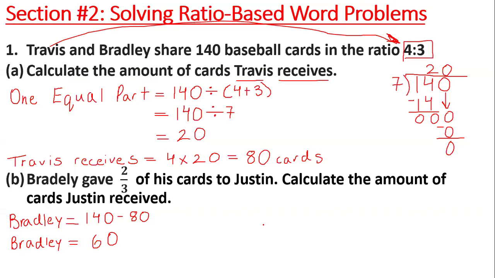Is that the correct way to go? Y'all think so? Because remember it says he gave 2/3 of his cards to Justin. Of. What does of mean? Multiply. Of means multiply.